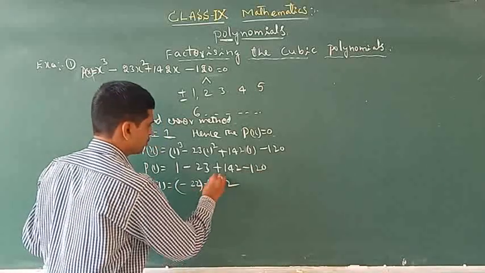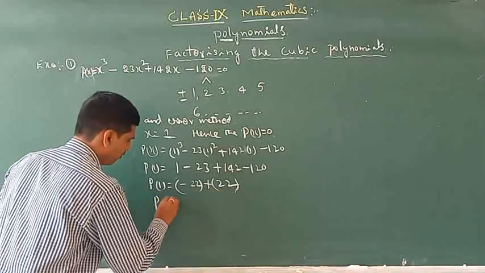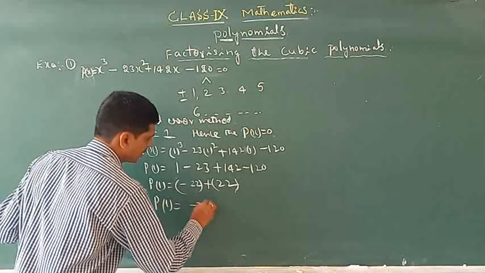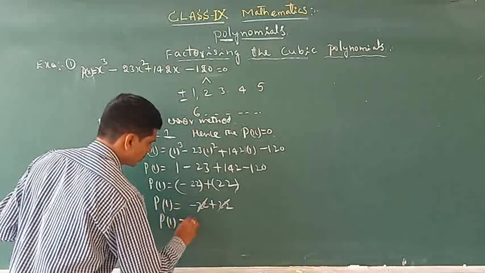Here it is negative and here it is positive. So therefore p of 1 is equal to minus 22 plus 22, cancelled. Therefore p of 1 is equal to 0.